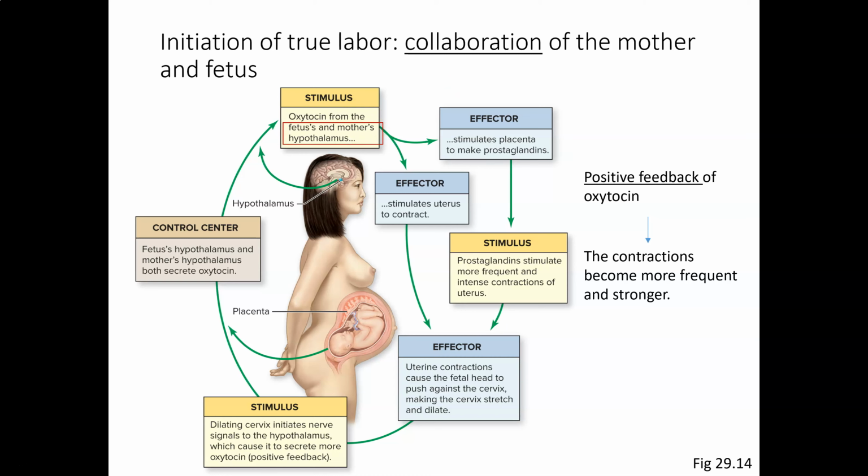That's one side of it, stimulating the uterus to contract. The other stimulation of the oxytocin is for the placenta to make this localized hormone called prostaglandin.